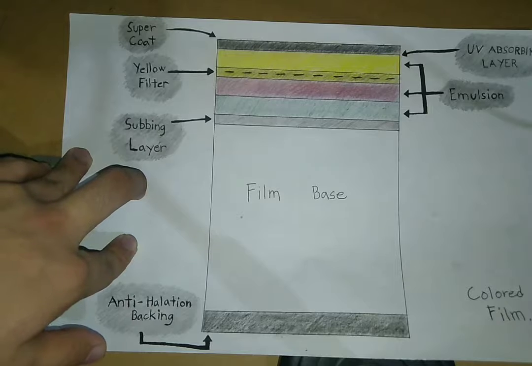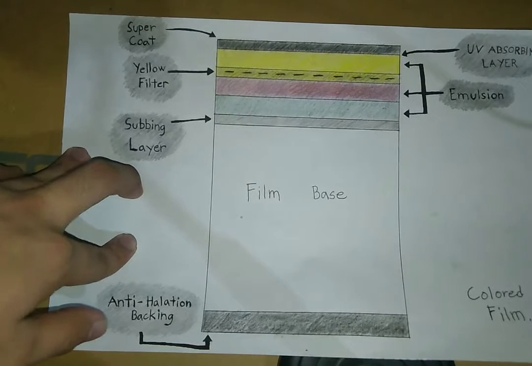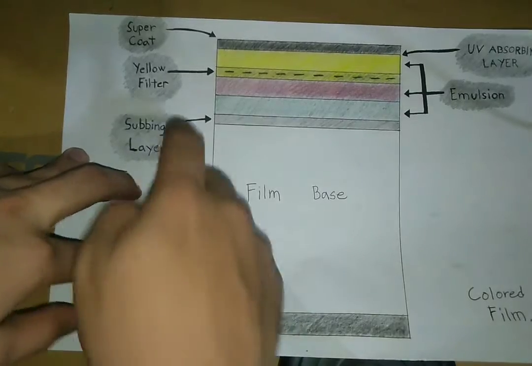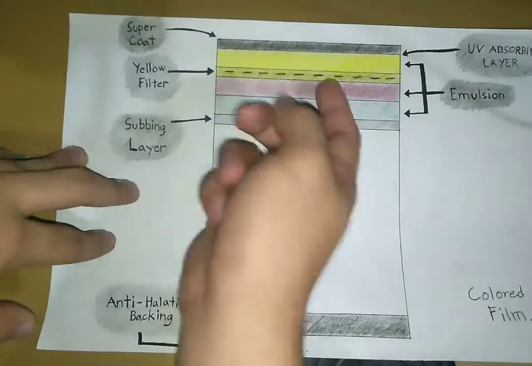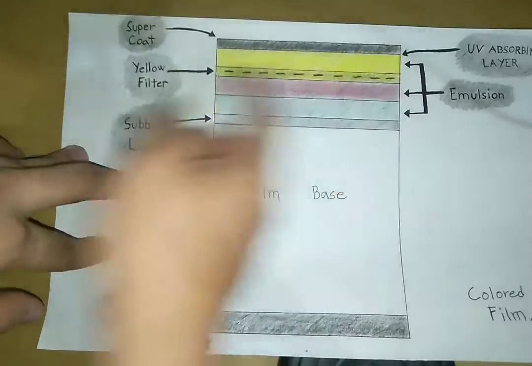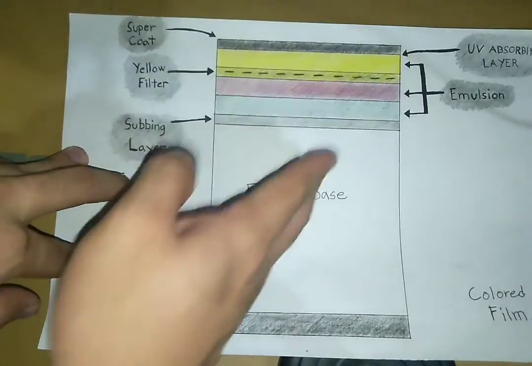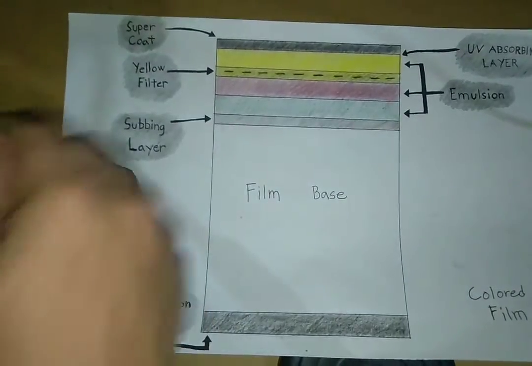Remember, the blue sensitivity is suppressed by the yellow filter color layer. What is the meaning of that? It means there are no blue colors passing through because of the work of the yellow filter.